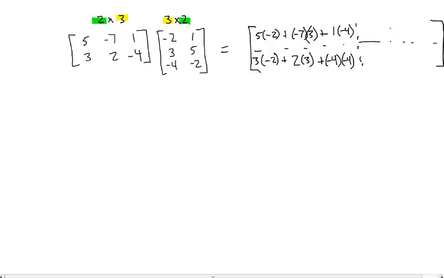And for row 1, column 2, we're going to have 5 times 1 plus negative 7 times 5 plus 1 times negative 2. And row 2, column 2, we start with 3 times 1 plus 2 times 5 plus negative 4 times negative 2.